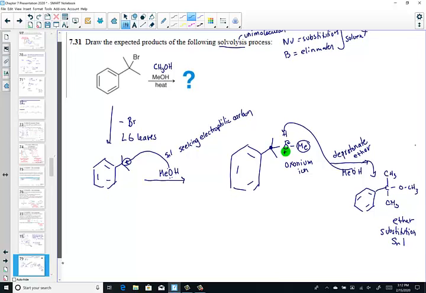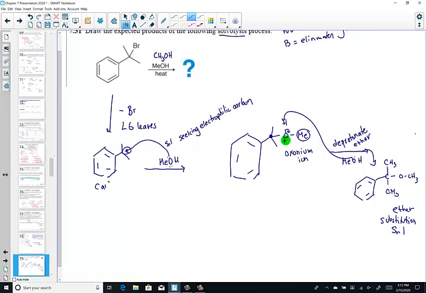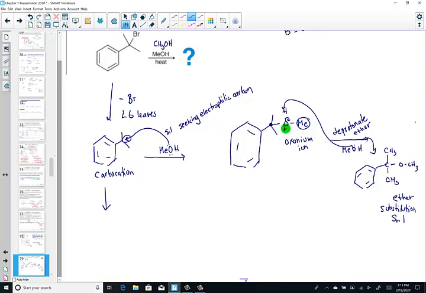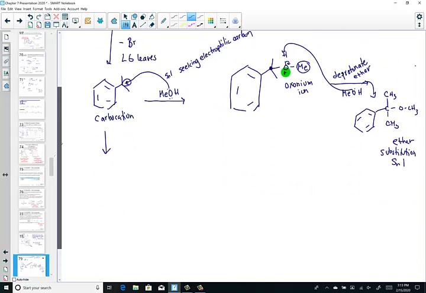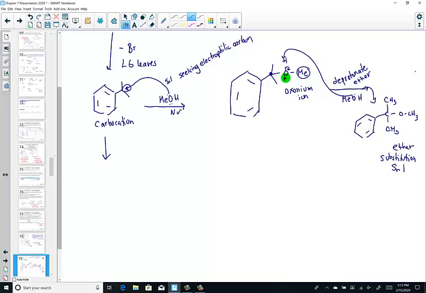Now let's consider going back to the carbocation, going in this direction. Instead of having the MeOH act as a nucleophile, seeking an electrophilic carbon, let's put MeOH on the arrow and have it act as a base, seeking a beta proton.